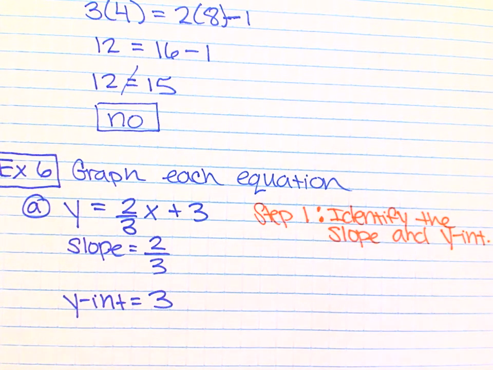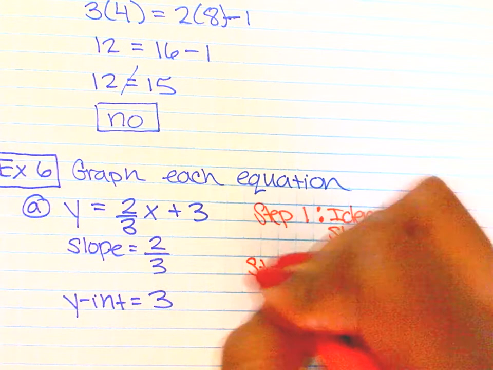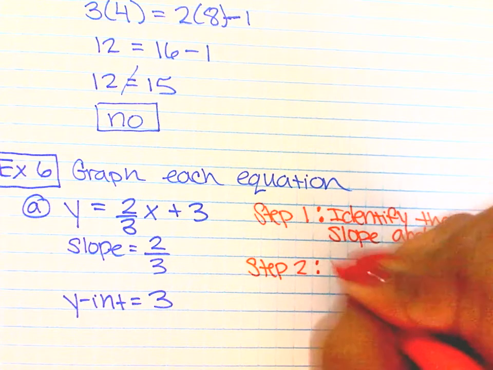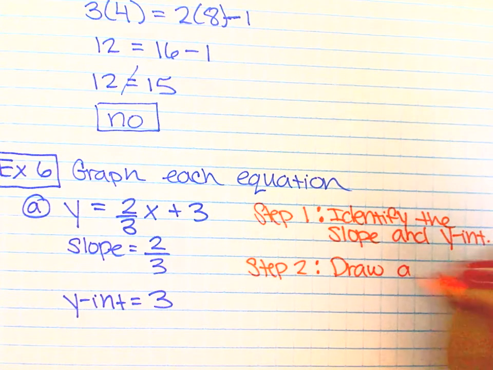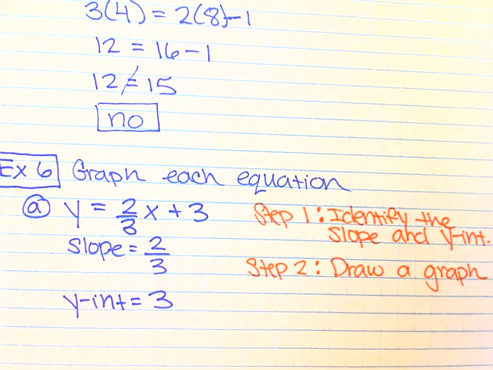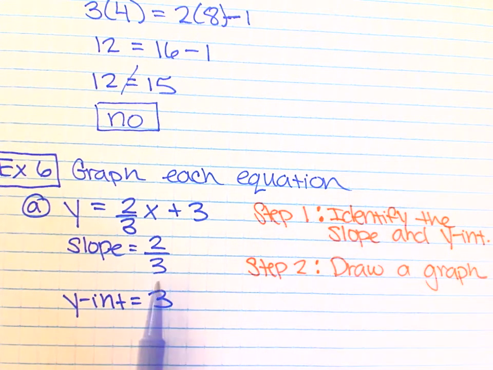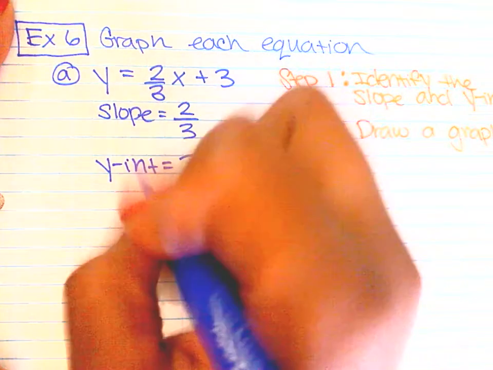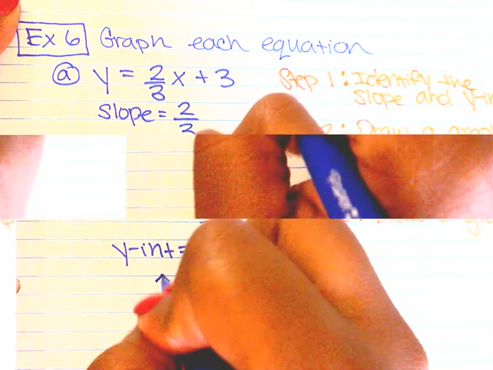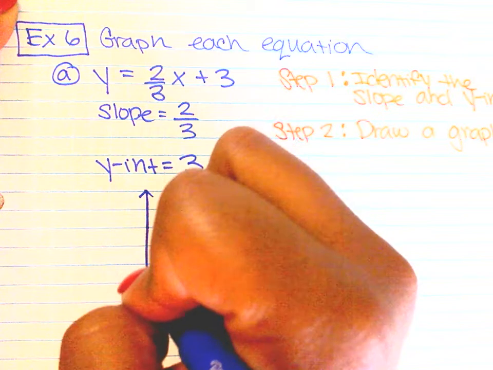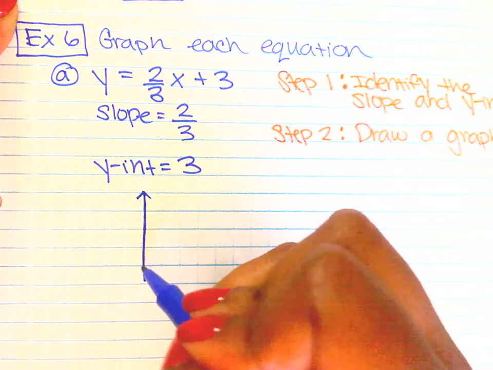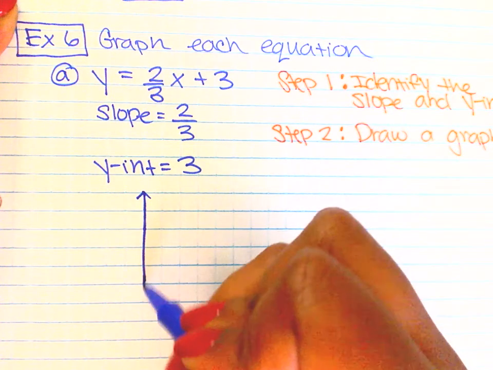Step number 2: draw a graph. For me, this is how I estimate. If the line passes through 3, I'm going to make my graph about 6 or 7, so I'm going to do about 7 squares.